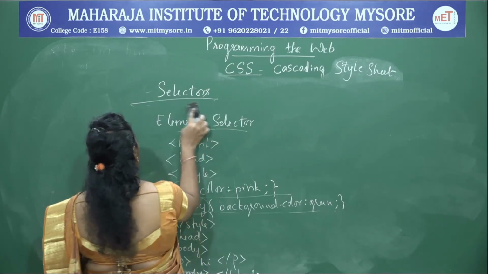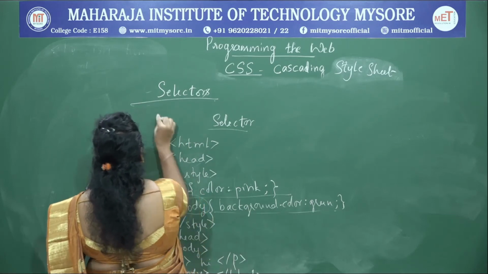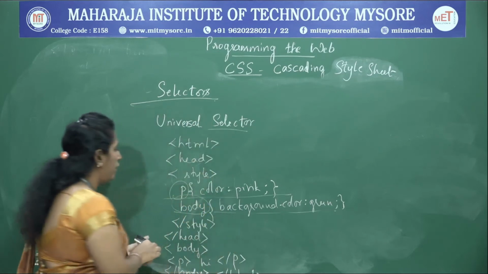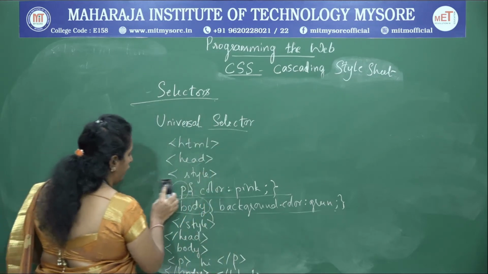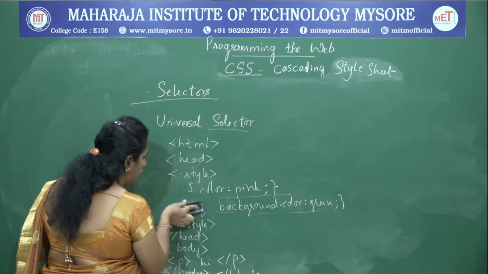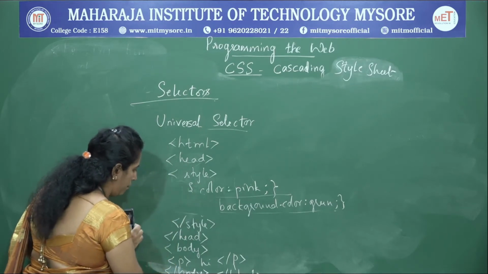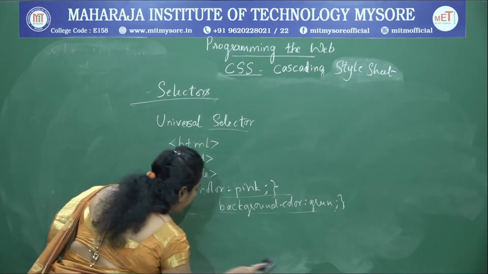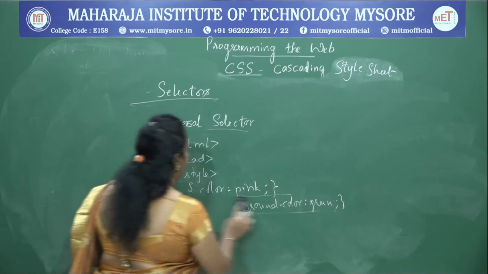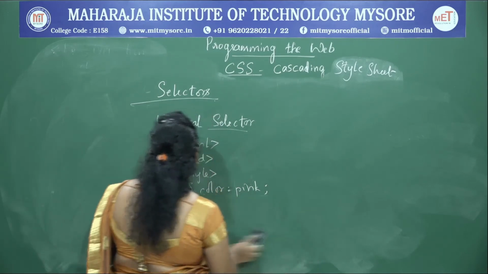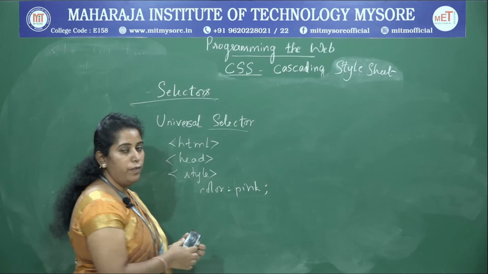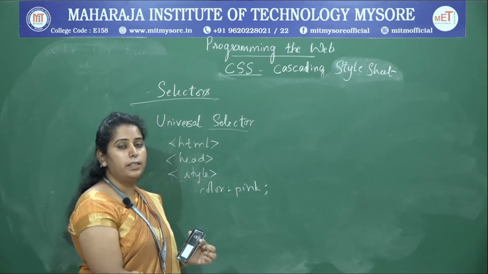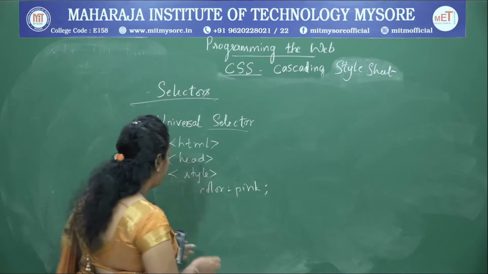Okay, so next I am going to discuss the universal selector. Wait, I am going to modify the same program. I think I should completely rub it. Universal selector means you are applying the style rule for all the tags or all the elements present in the HTML.